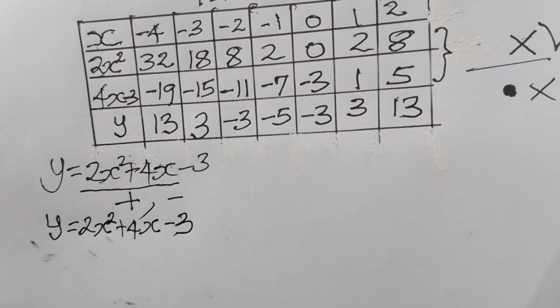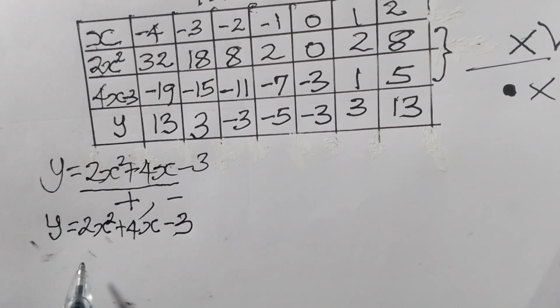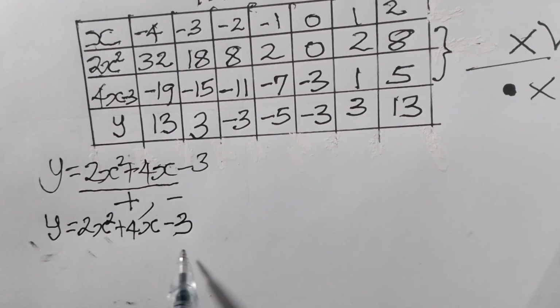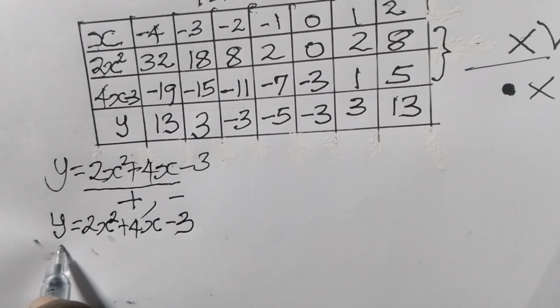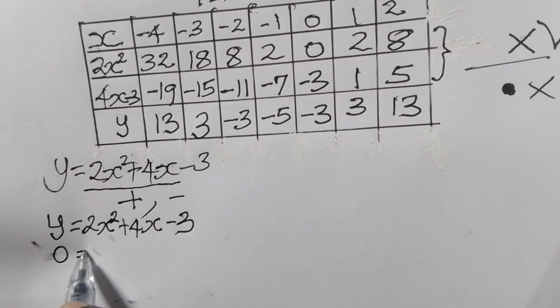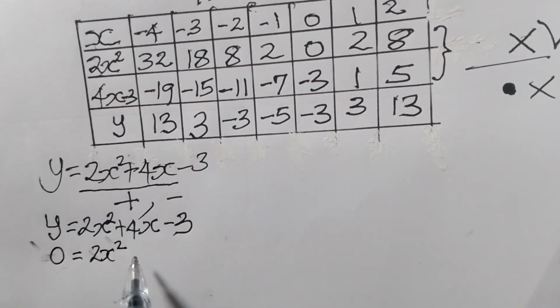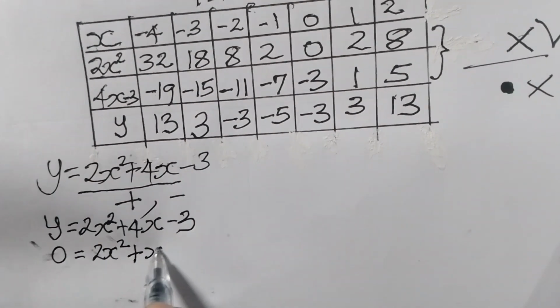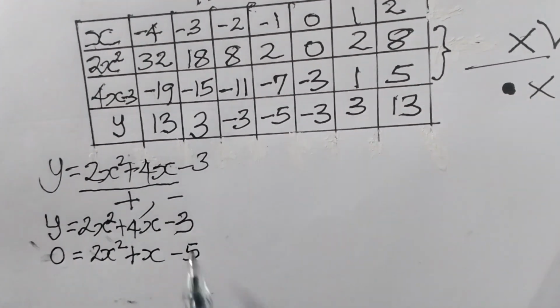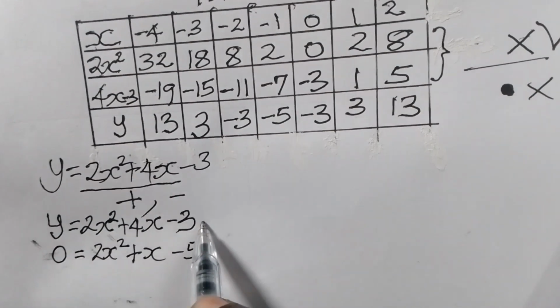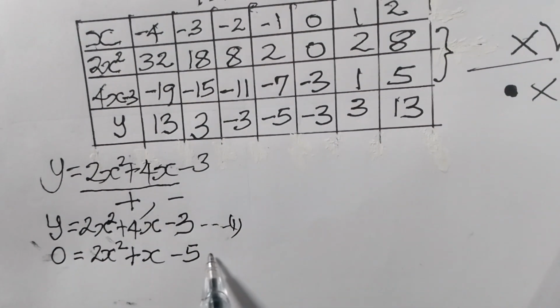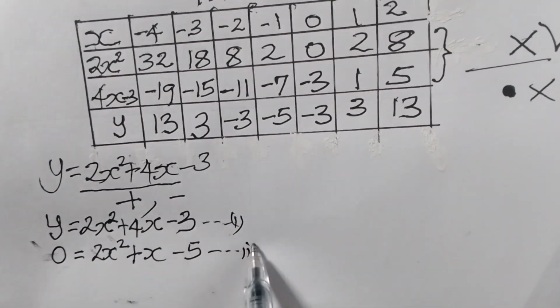And our second equation is given by 2x squared plus x minus 5. So I want to combine these two equations so that I'll start with 0 to be equal to 2x squared plus 2x minus 5. I'll call this equation 1 and this one equation 2.